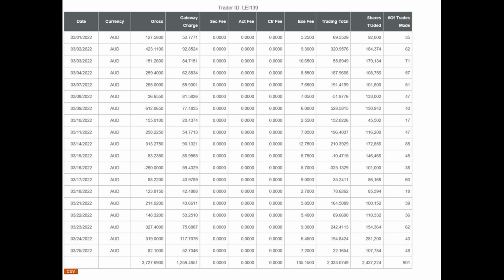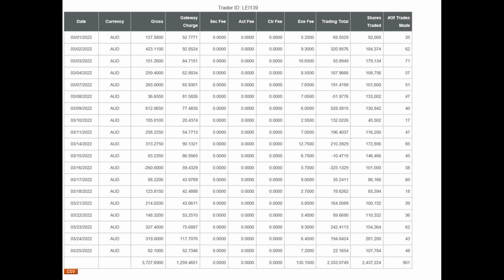And you can see this is a trading record of every day. You can see from the first column, those are the dates, and you can see the currency, and from the trading total column, these are the profits I made on these days.